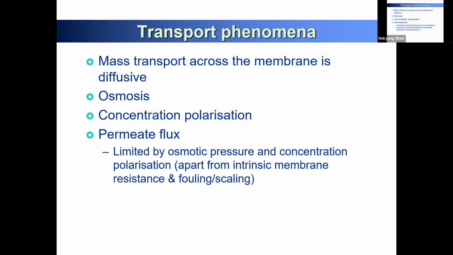And the osmosis is just thinking about our kidney, our body, they are all functioning like osmotic power, osmotic energy. And then this will give our life concentration, polarization, permeate flux, and then we will continue this one.